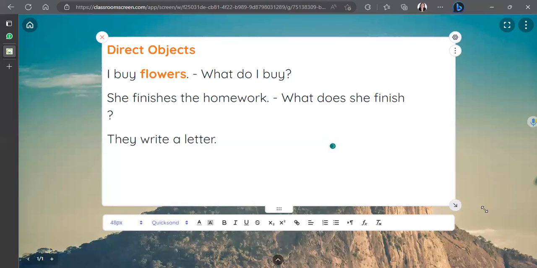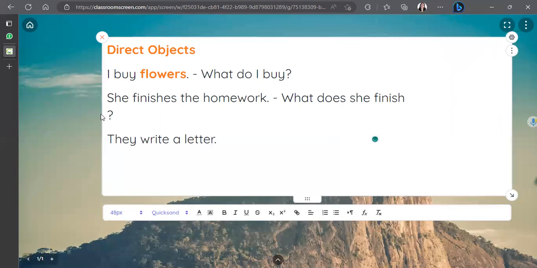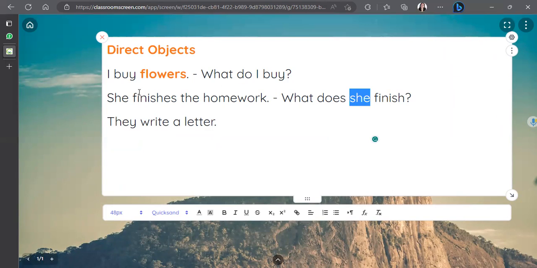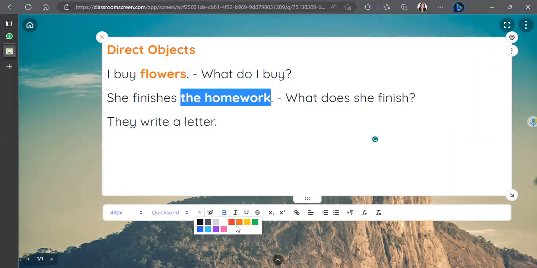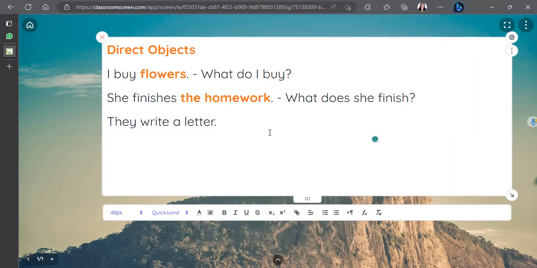Okay. What does she finish? Because as you can see, I'm talking about a girl. The verb is finish. So I'm using the same verb. Okay. So again, what does she finish? The homework. Okay. So if I can answer the question, that is my direct object.